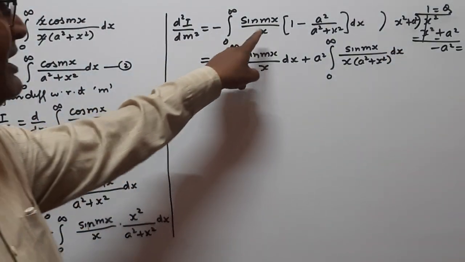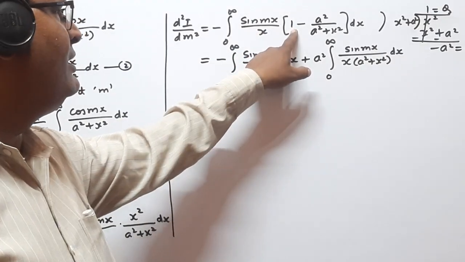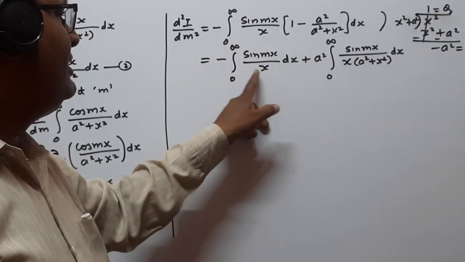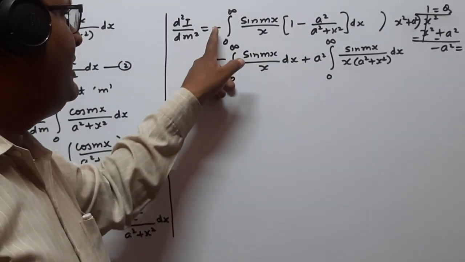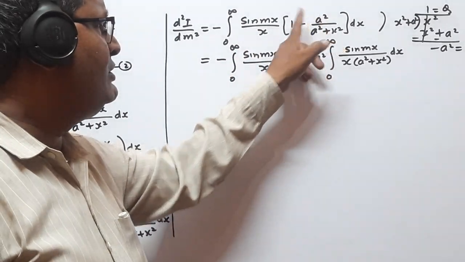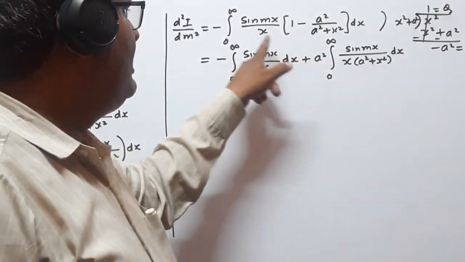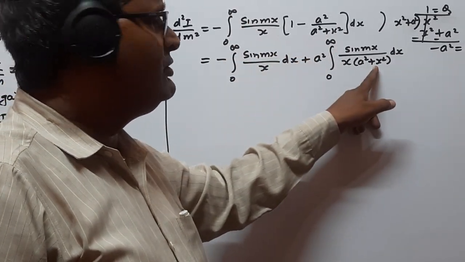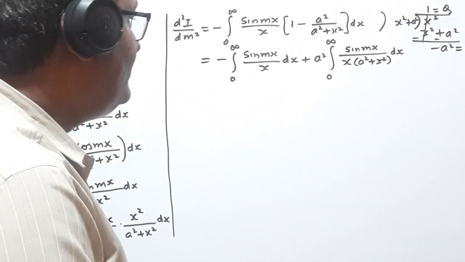You can see here this sine mx upon x multiplied by 1 gives the first integral, sine mx upon x between the limits 0 to infinity, and minus multiplied by minus gives plus here, and a square is constant, so it is outside the integral sign. Now this sine mx upon x multiplied by 1 upon a square plus x square, we get this integral.